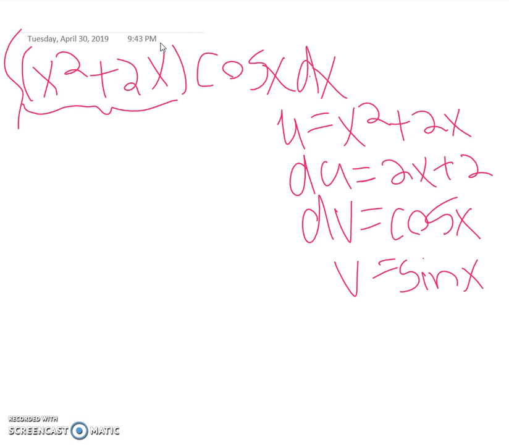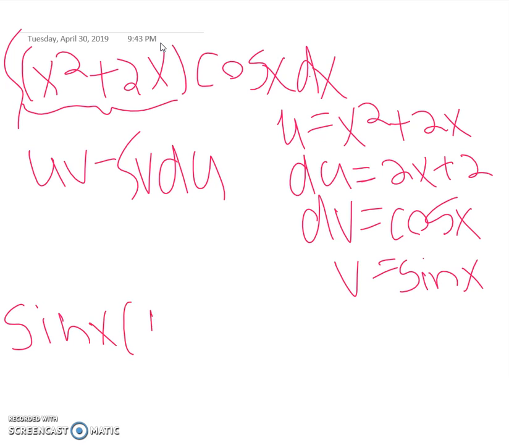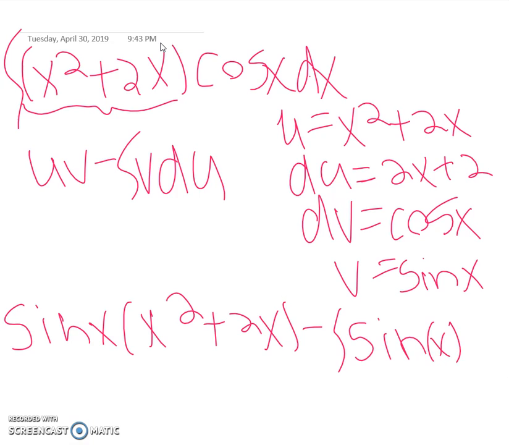So we're going to have uv minus the integral of v du. And uv, I'm going to have sine of x times x squared plus 2x minus the integral of sine of x times 2x plus 2 dx, which I don't have enough space to write the dx.